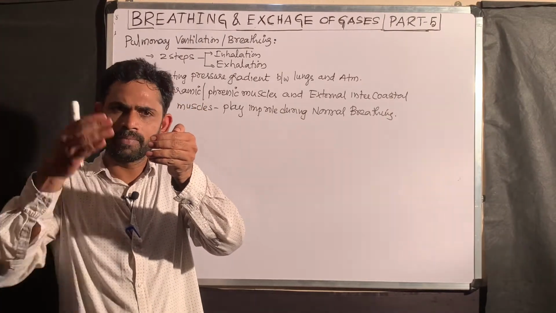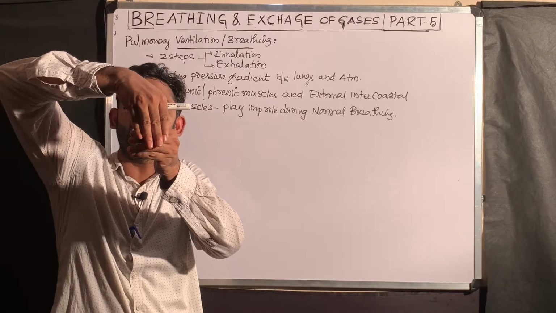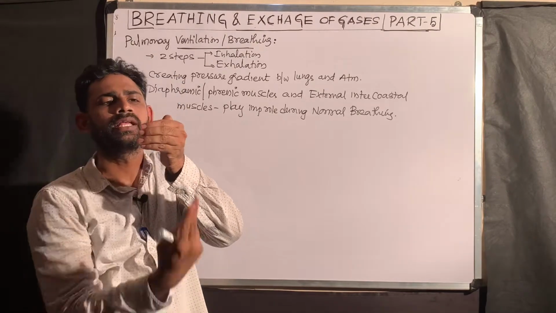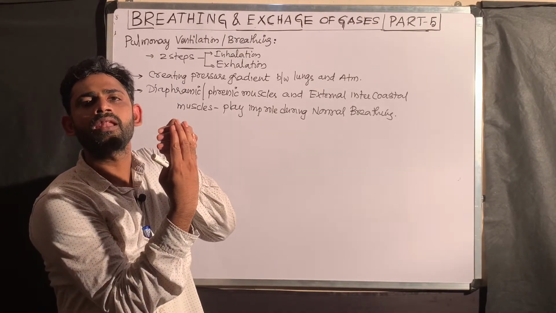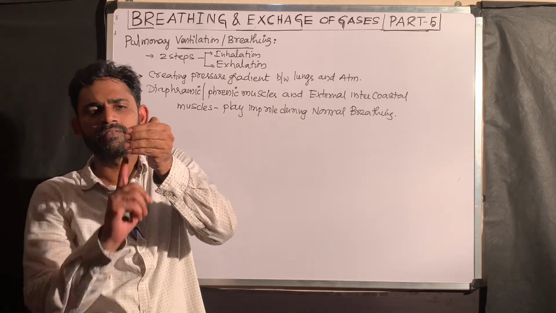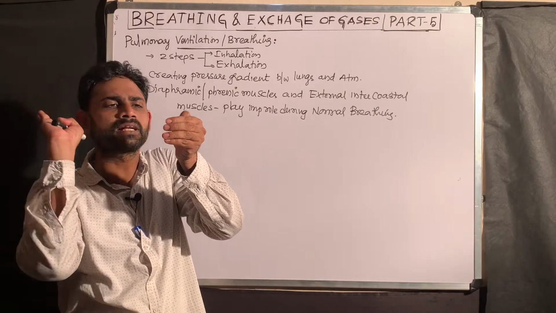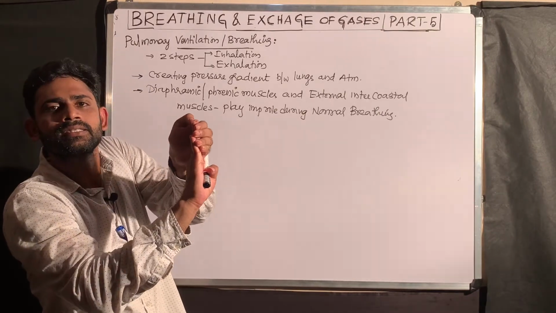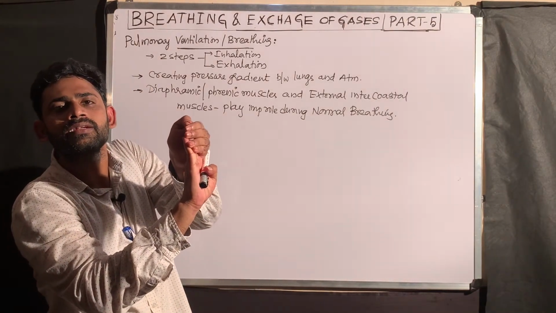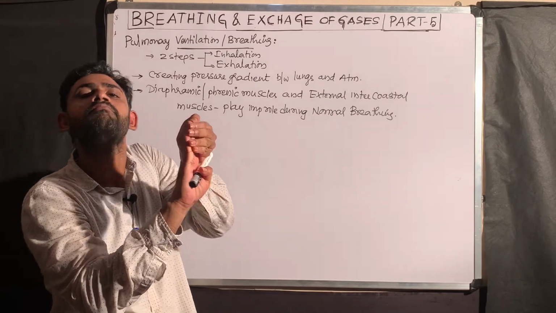The muscles which cover the ribs from the outside are called external intercostal muscles. The muscles which cover the ribs from the inside are called internal intercostal muscles.